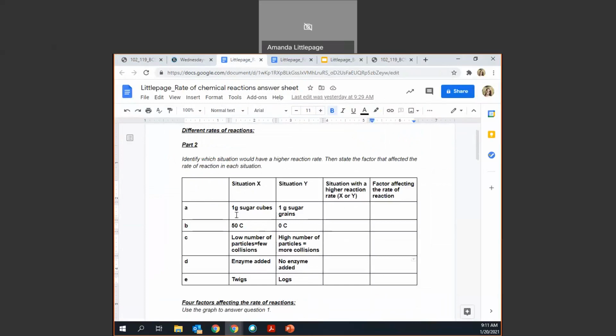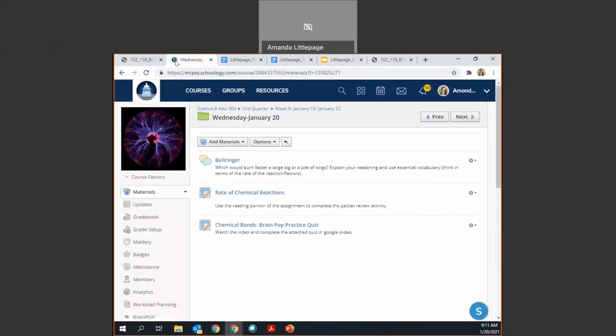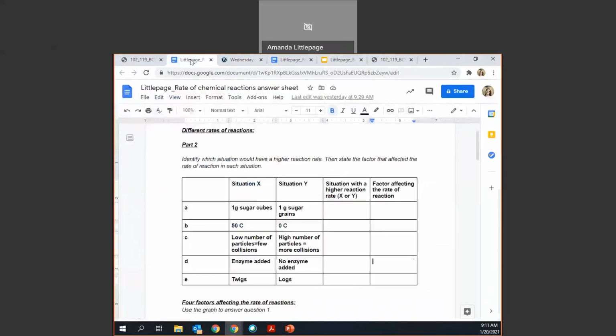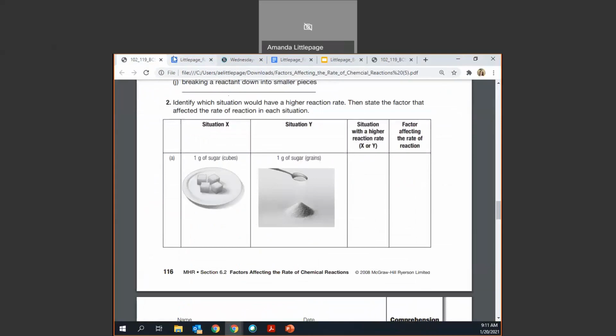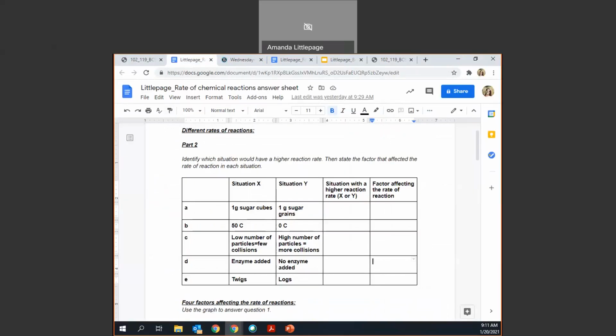So this is where you should pick up, okay? I didn't include the images here, but this basically corresponds to the activity. So you can see here, these two correspond to one another. So we're on part 2 here. You should be typing in your answers here and checking your work.